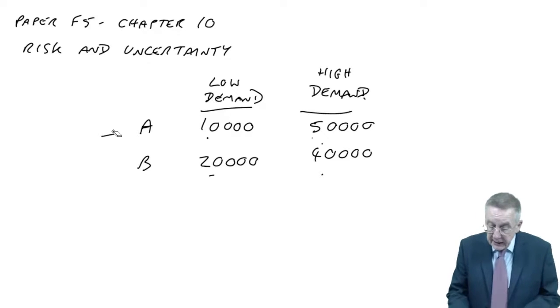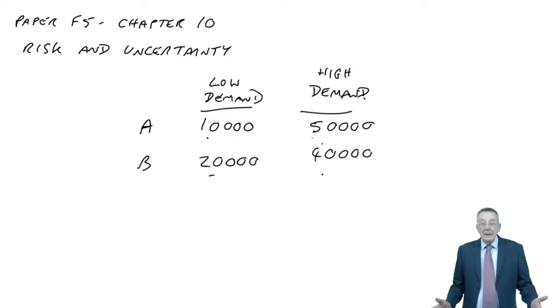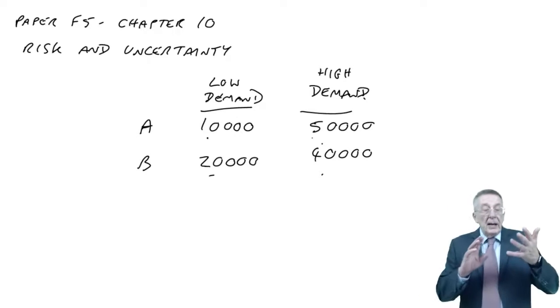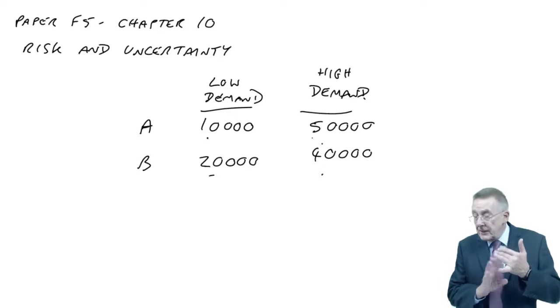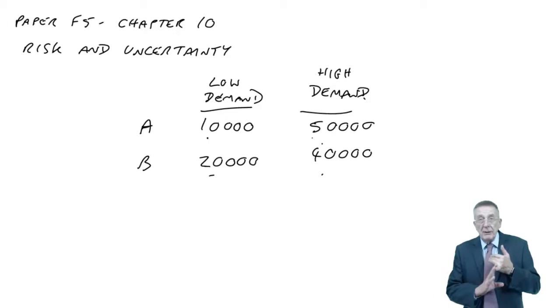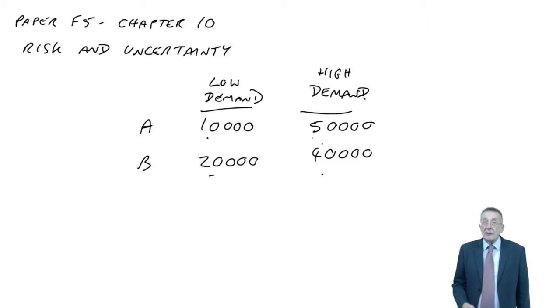And again, whatever you might do, you cannot argue with it. How we make that sort of decision depends on the attitude to risk of the person making the decision. Am I prepared to risk only getting 10 or not? And it depends on the amount of money involved.